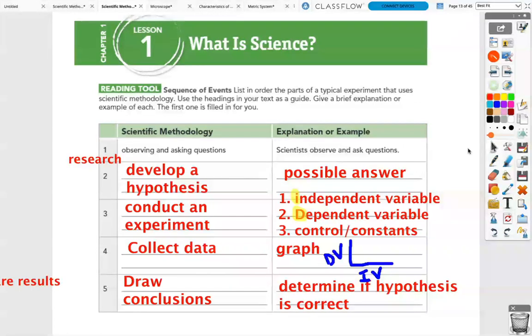And so once you're finished with that, you have to make sure that you can repeat your whole experiment, that you can repeat and get the same results. And then it's really important also to share your results. All of these scientists will publish in some sort of scientific magazine, or they'll just publish their work.